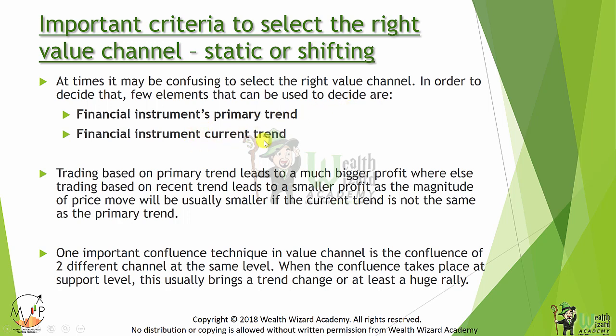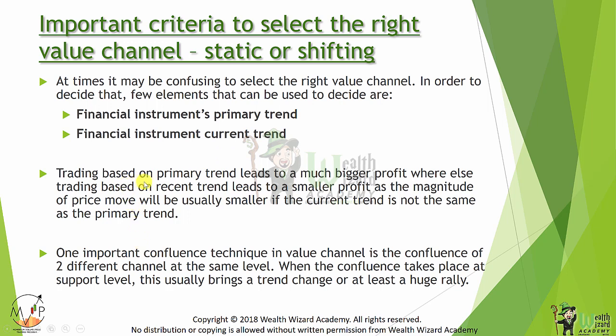So it is important to identify what a particular stock's or equity's primary trend is and what its current trend is. Is it trading along with its primary trend, or is it trading against its primary trend, or could it be a secondary trend? Okay, so before we go into examples, let's take a look at a few other points.